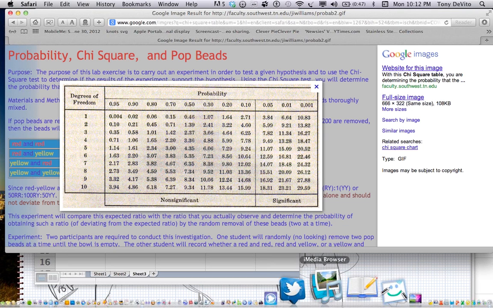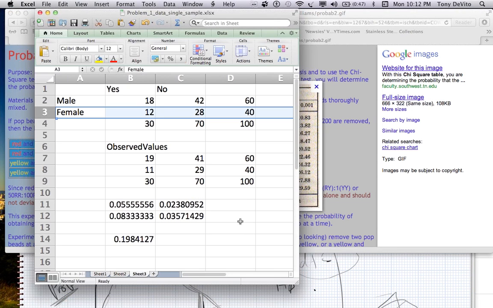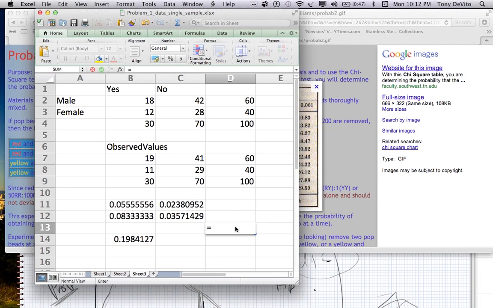You could also do the same thing by going to Excel, and Excel has a chi-square function built in here. Chi-square dot dist, parentheses, and let's see. It asks for x. X is the value of chi-square, which I had before. It was about 12, comma, degrees of freedom is going to be 1, right?